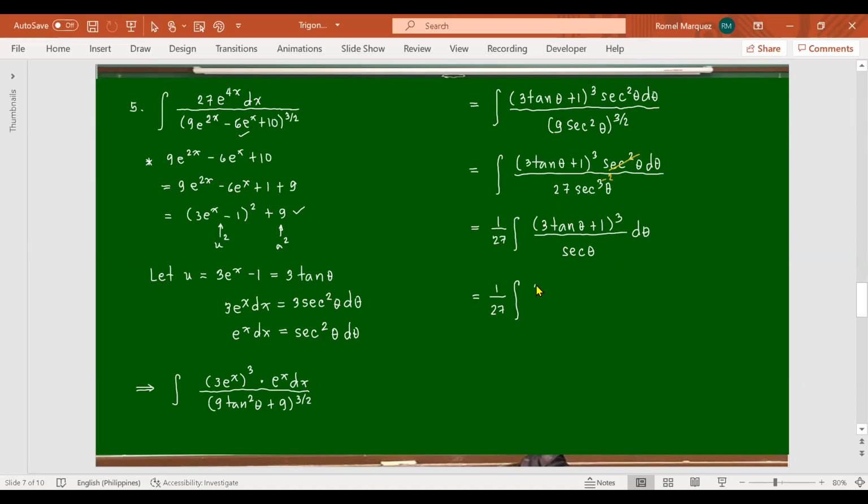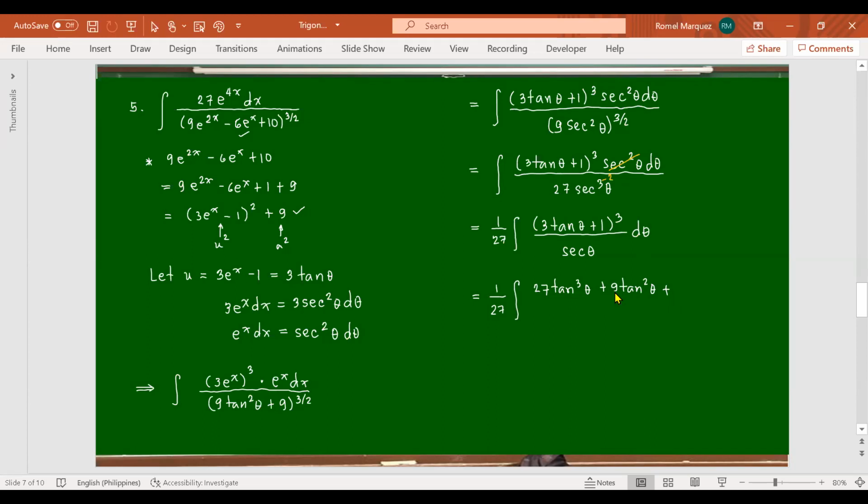Cube the first, 27 tangent cube theta, plus the square of the first, 9 tangent squared theta times the second, plus 3 times 3 to, no?